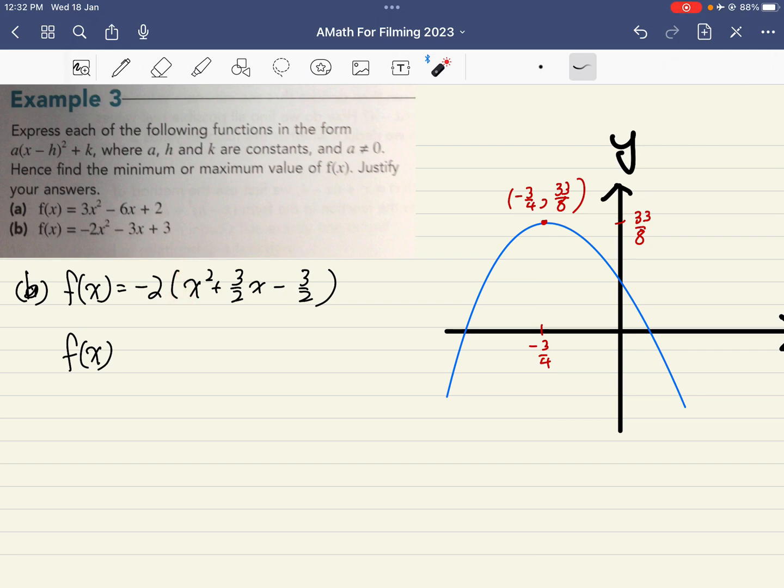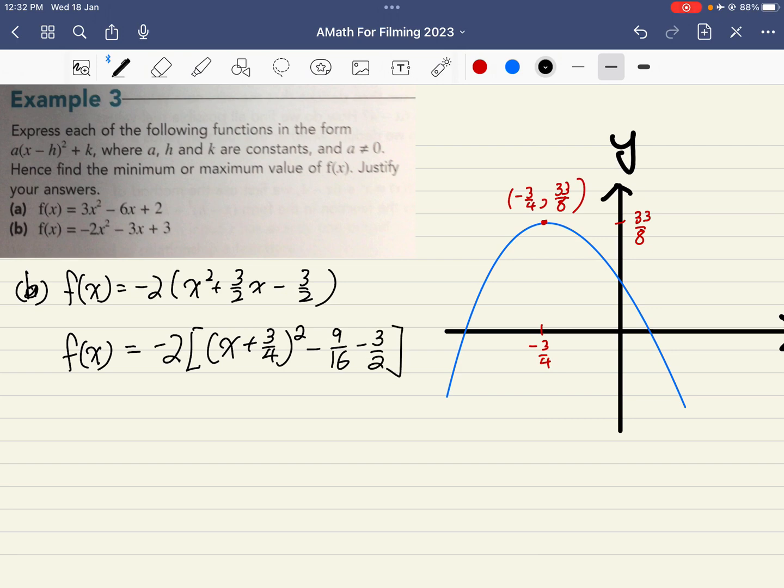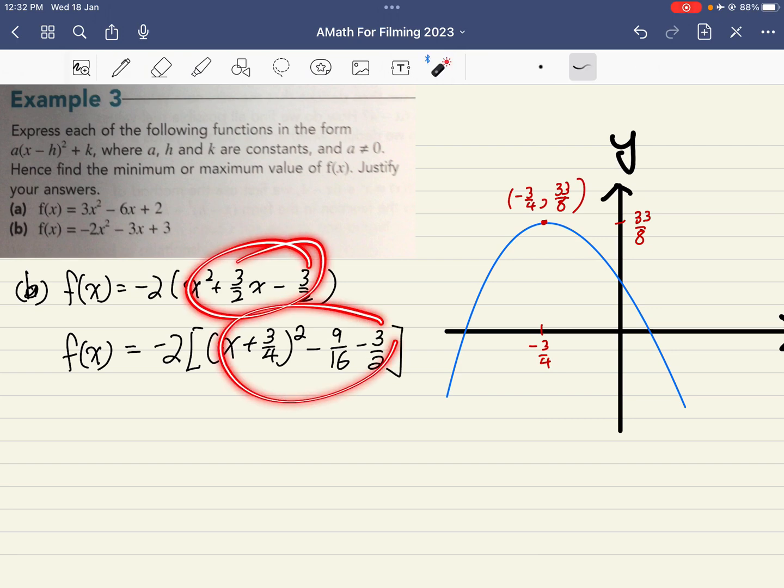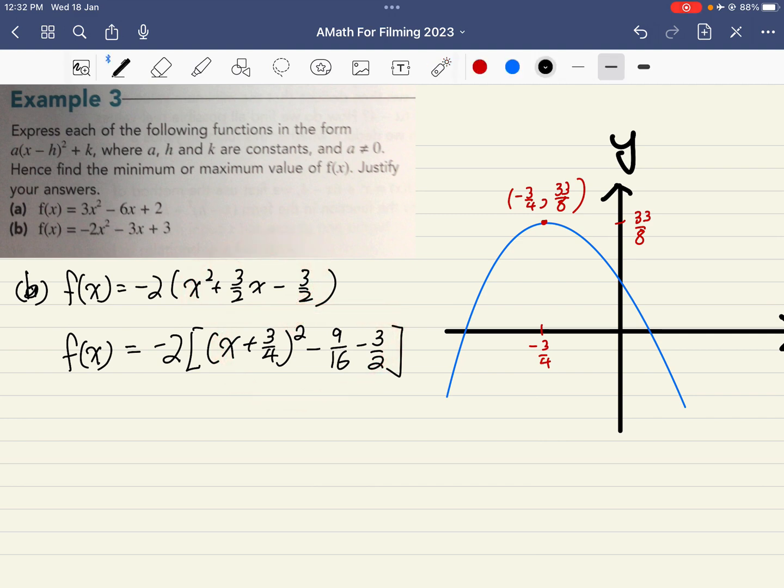So what I can do here is factorize negative 2 from these 3 terms. So I've done that in my first step there. Then next, I will start to complete the square. So what I get is this, minus 9/16, minus 3/2. I've just completed the square for what was inside the brackets.